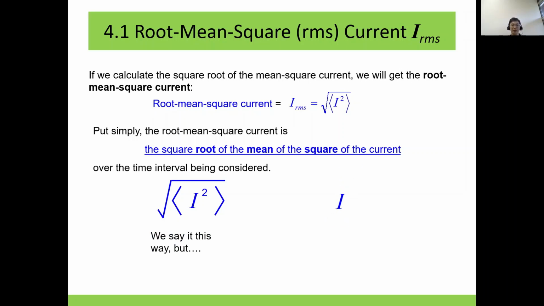You take the current, you square it, then you mean it, then you root it. This is something that you need to be aware of. The mathematical sequence is actually the opposite of how you name the object. So one more time, you take the current, you square it first, then you mean it, then you root it, and that's actually the root mean square current.